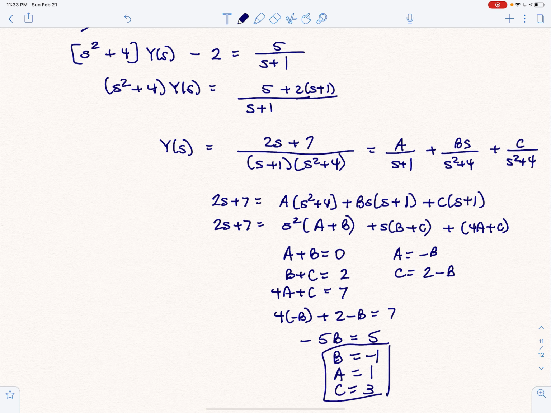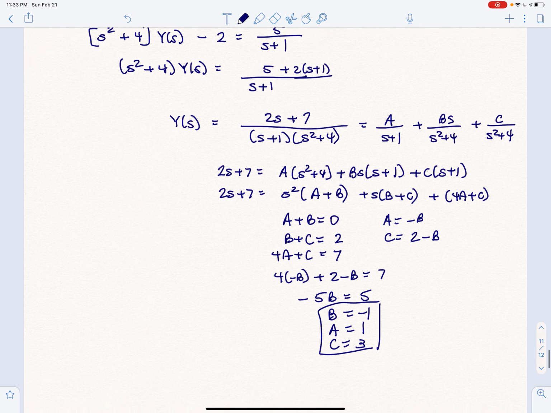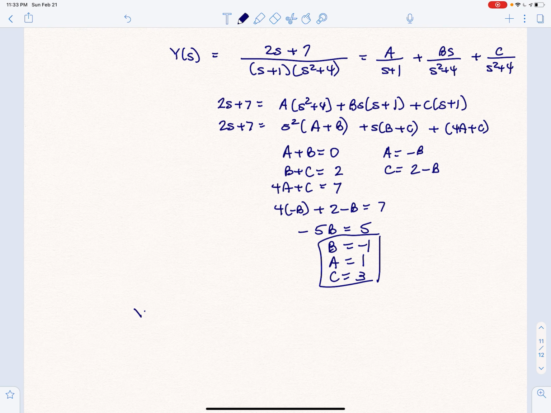So that was a nice solution. So it looks like our transform is 1 over s plus 1 minus s over s squared plus 4 plus 3 over s squared plus 4.